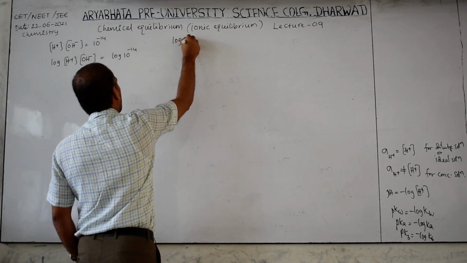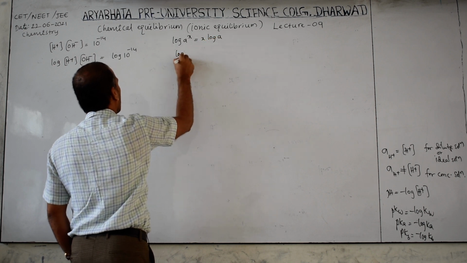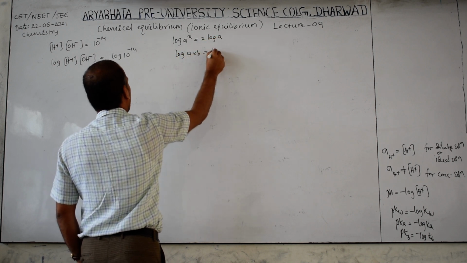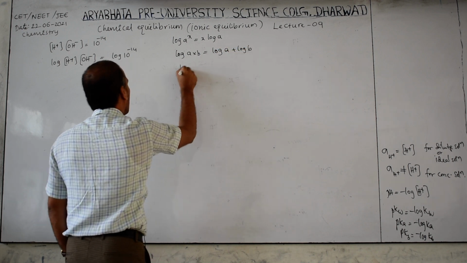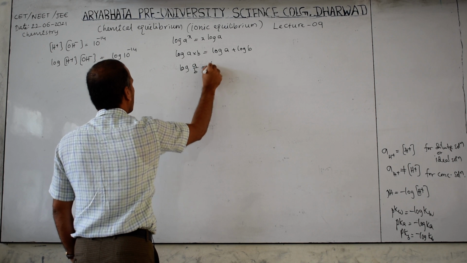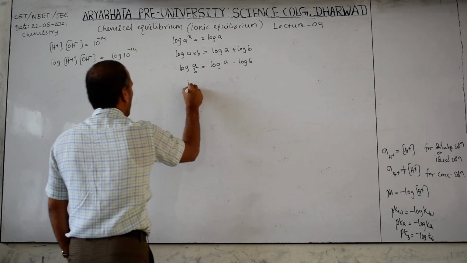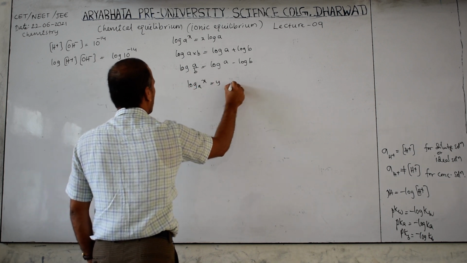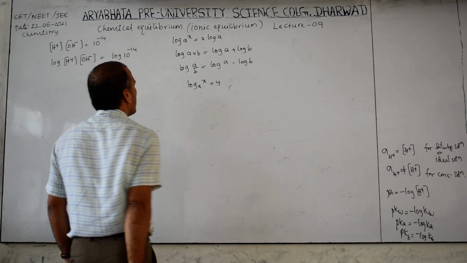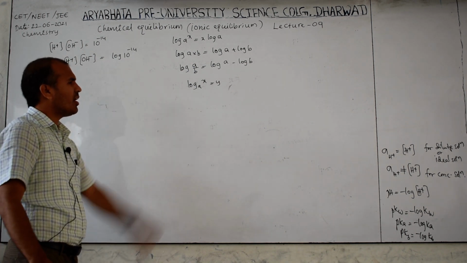Log A power x is equal to x into log A. Log A into B is log A plus log B. Log A by B is log A minus log B. So these formulas are frequently involved.